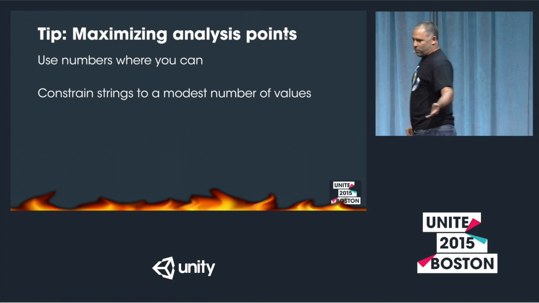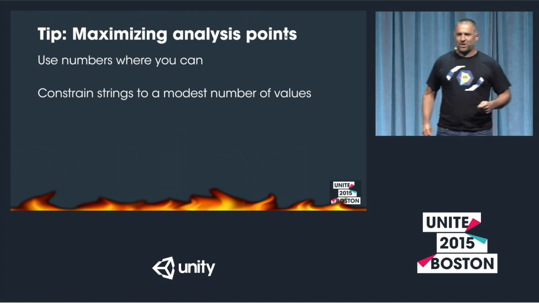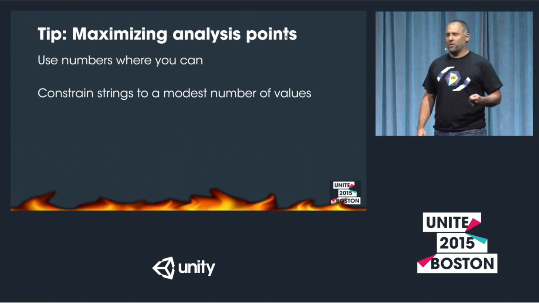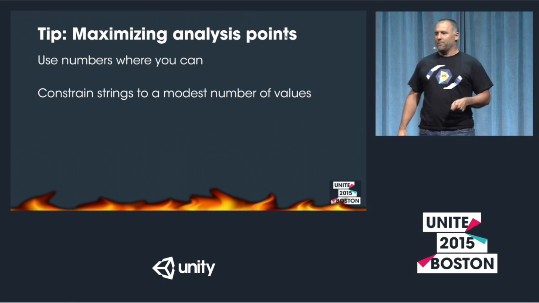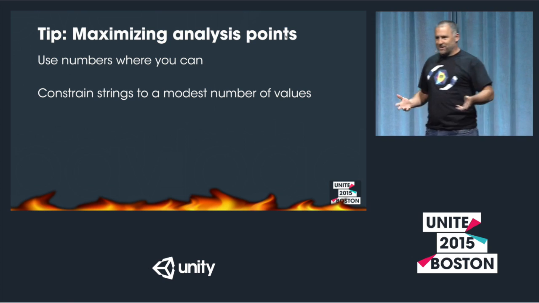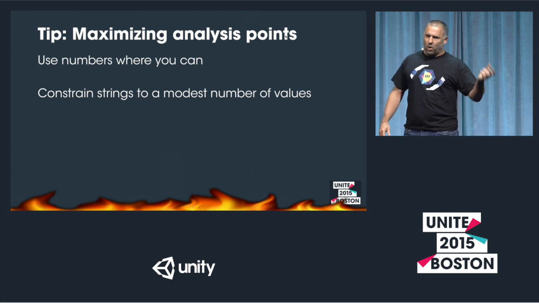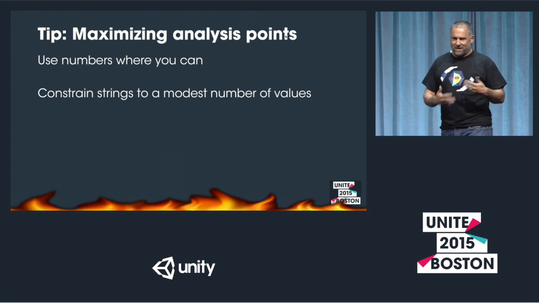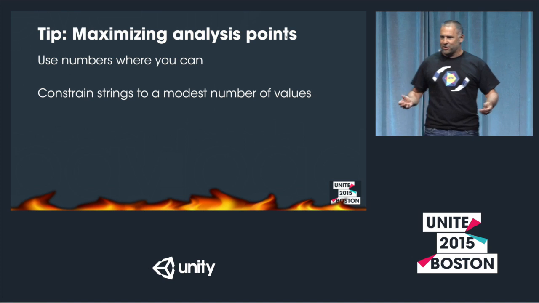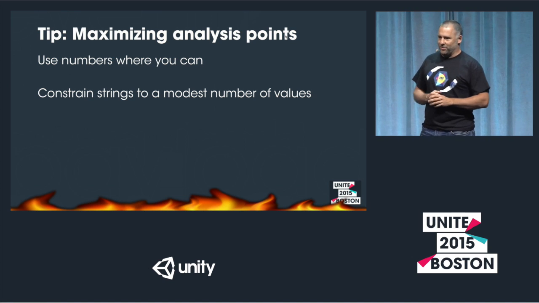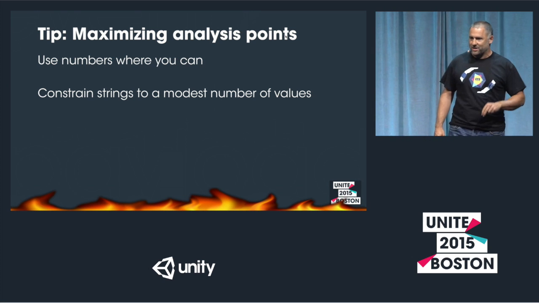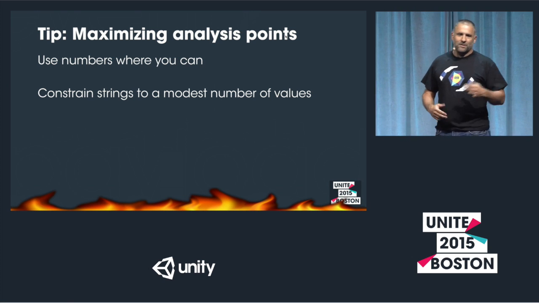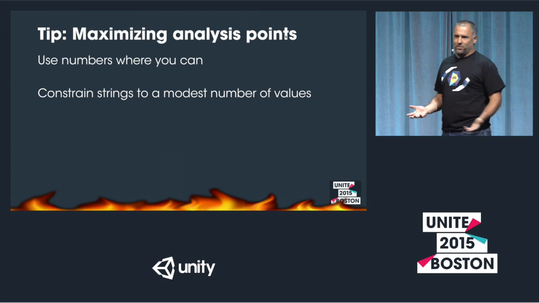So the analysis points is a representation of the amount of processing we have to do on your data. And one way that we don't have to process as much is when you use numbers. So if you're sending us events with like gold, hit points, things that can be summed and averaged, numbers will cost you less in analysis points than strings and booleans. Booleans will cost you exactly 2, true and false. Strings will cost you as many as you send us.